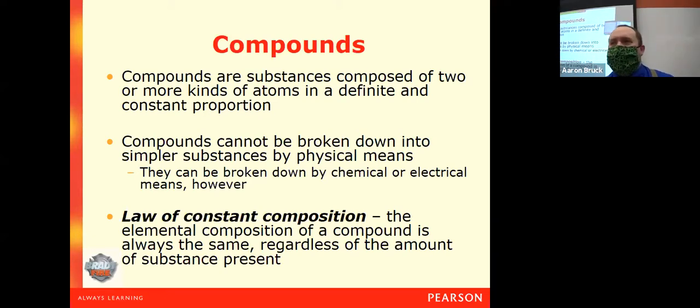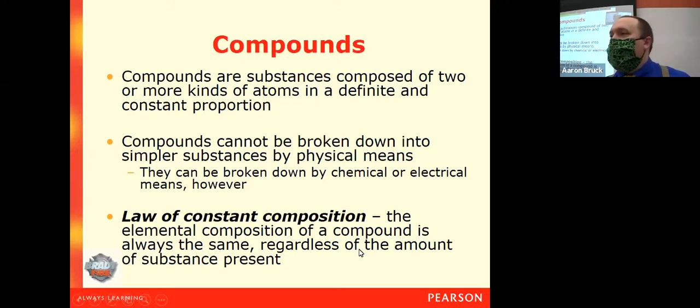So remember, with elements, we're talking about one specific type of substance. For compounds, we're talking about two different types of atoms that are chemically combined in some kind of way with each other. And that's really what the difference between the two is.